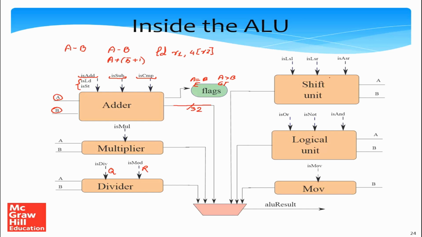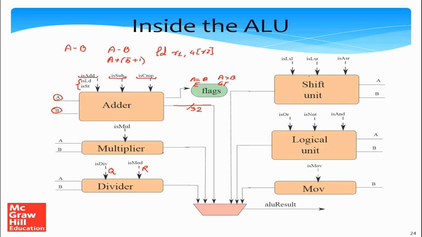Then we have a shift unit which can shift the value. Here, a denotes the register that contains the value, and b contains the shift amount. We can do a logical left shift, or a logical right shift, or an arithmetic right shift.